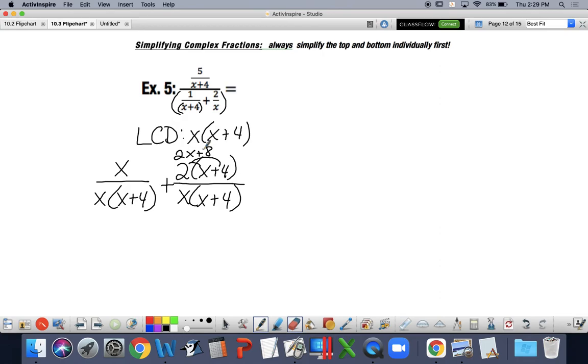It's going to do that distribution, so I don't have to rewrite the whole thing down. I then add my numerators, x plus 2x. X plus 2x, 3x. This is usually where it's really easy to make an arithmetic mistake. You're doing all this work, and then you just forget to add that extra x over x times x plus 4.